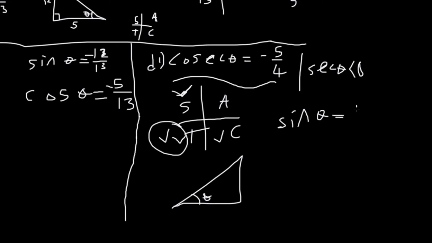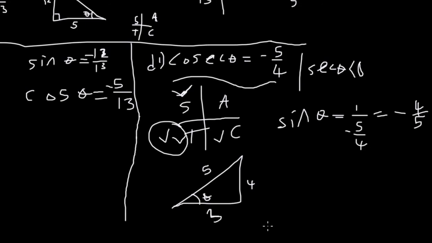So I'm going to say 1 over negative 5 over 4, which gives you negative 4 over 5. This is what we're going to get. So our opposite is going to be 4, and our hypotenuse is going to be 5, and of course our adjacent will now be 3, like that.